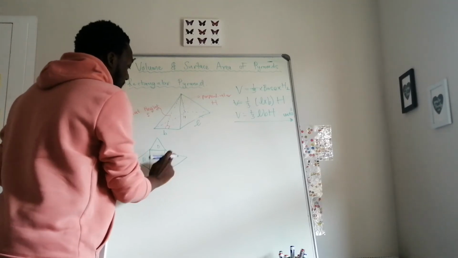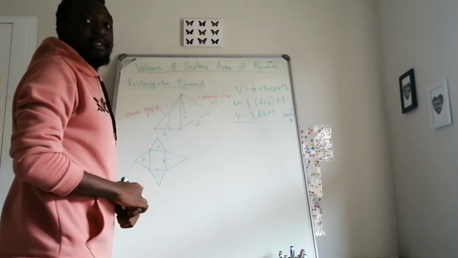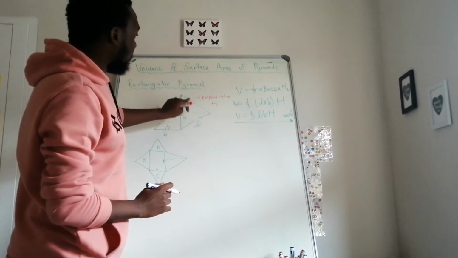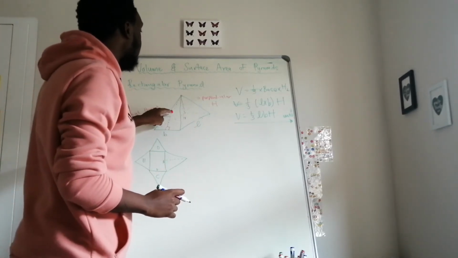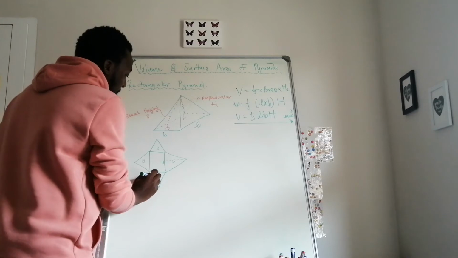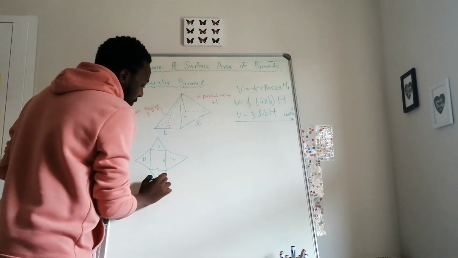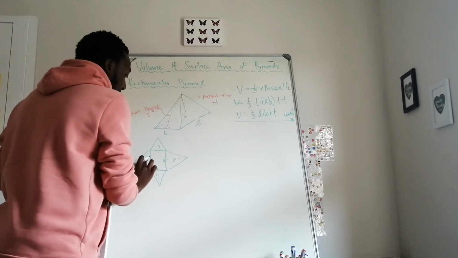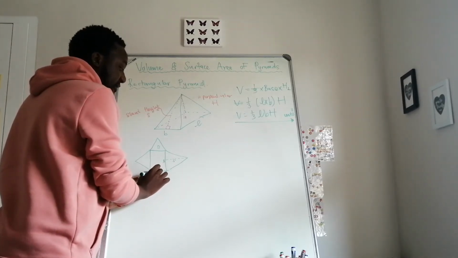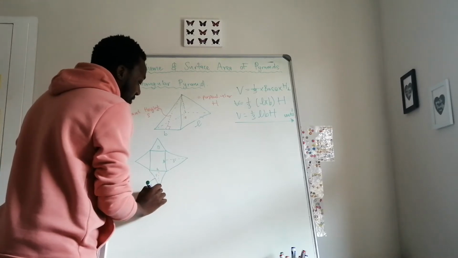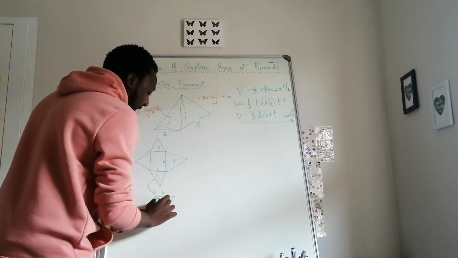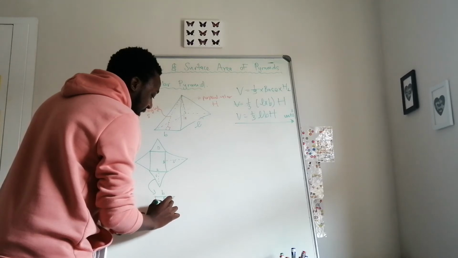And so what is this distance here? It's called the slant height, and I call that S. Here as well, I have S. If I take out this triangle, the base of that triangle is the breadth, and the height of the triangle is the slant height.